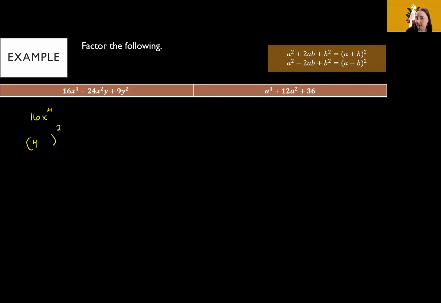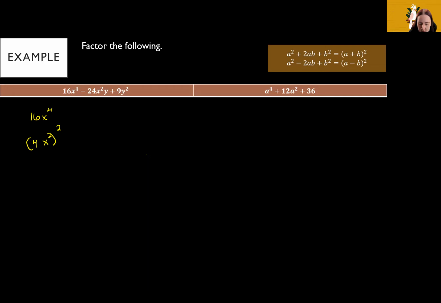So the exponent here is 4. If I divide that exponent by 2, I get x squared. So this is actually equal to x squared squared, because when you have an exponent on top of another exponent, you multiply them together. So if you see an x to the fourth, it is something squared. It's x squared squared.